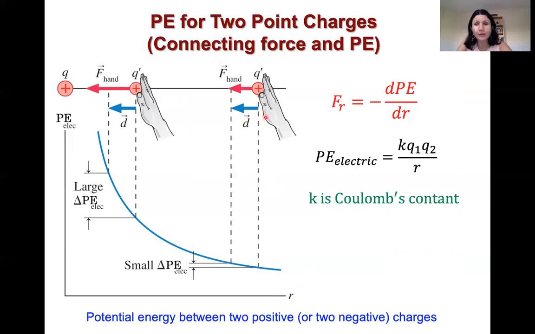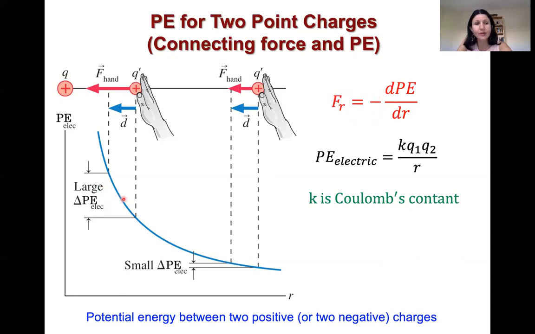First of all, this equation here, going back to 7A days, is how we mathematically describe that connection between potential energy and force. In the previous slide we talked about how force points in the direction of decreasing potential energy. That's where the minus sign comes in.